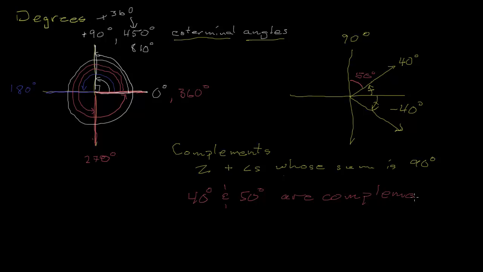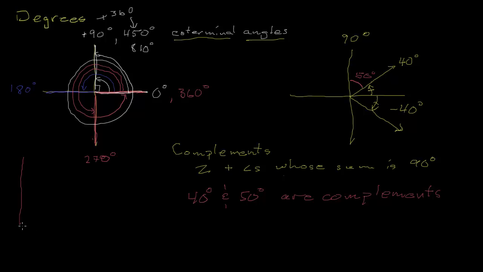So you would never, if I have an angle like negative 40, it defies the definition. The thing about complements is they are positive angles. And it comes from the fact, we'll talk just a little bit about right triangles.